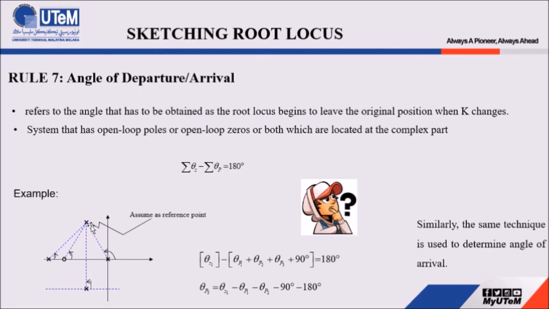So we just take one of these poles as a reference. In this example, we take this one as a reference. So all poles in this S plane, we refer to this pole. For example, the pole at s equal to 0, we refer to this pole.